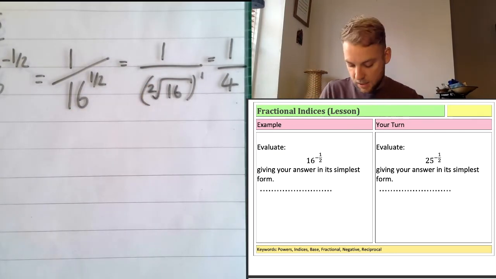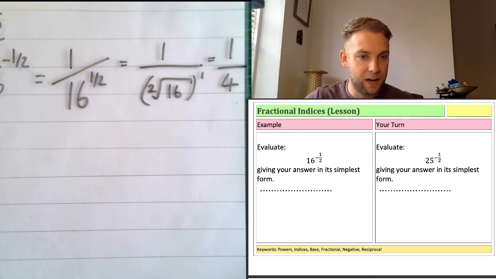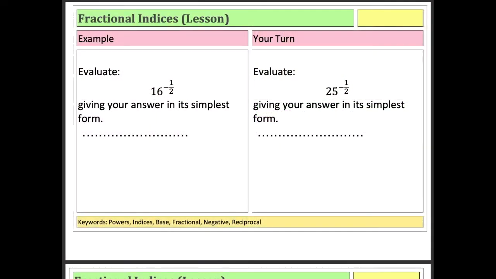Alright. So pause now and have a little go at that one on the right hand side. Example 6, that is. Okay, let's go through it together then.